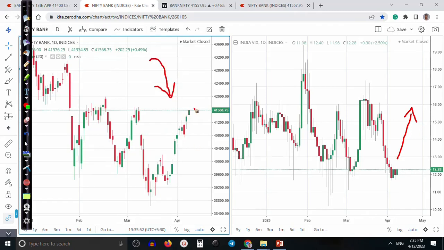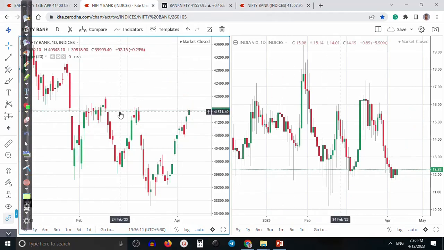But today here you can see price is also going up and VIX is also going up. A very dangerous pattern, this one. When this pattern forms, so here price forms in this candle.